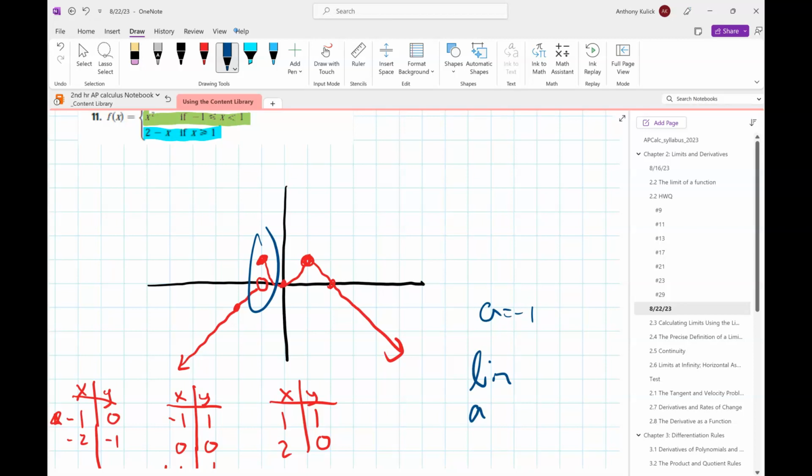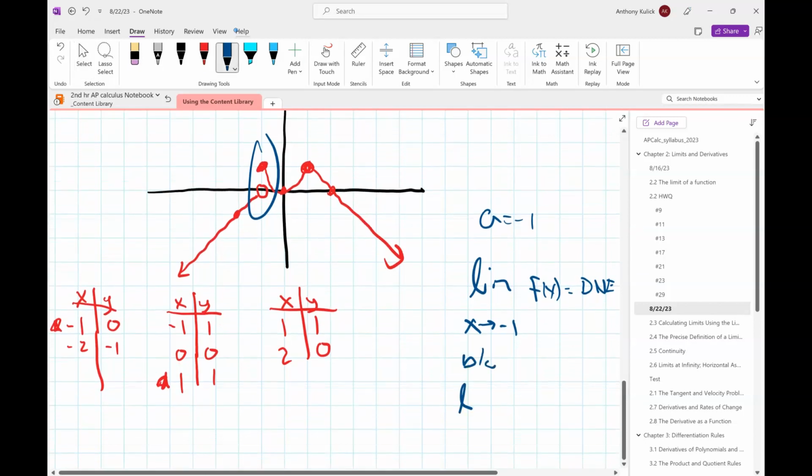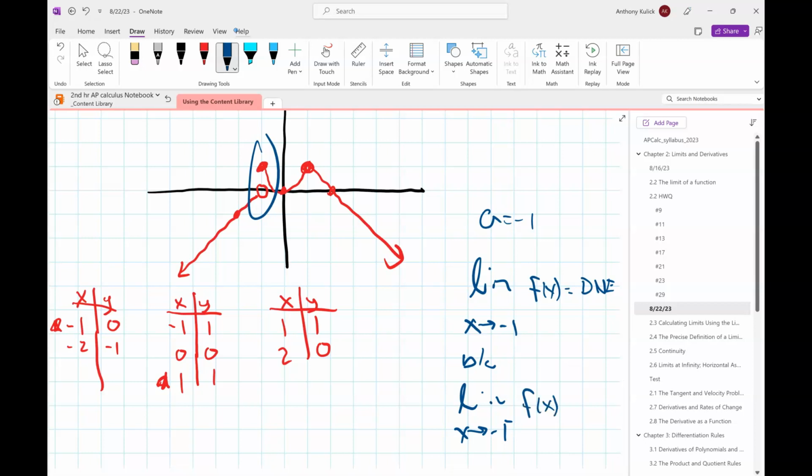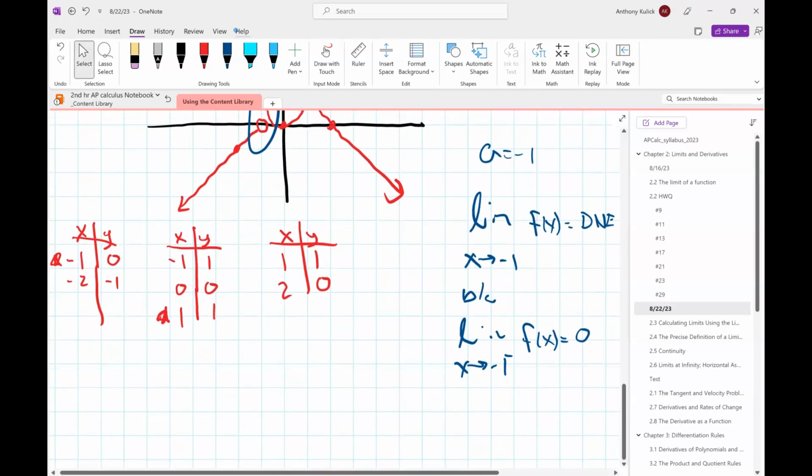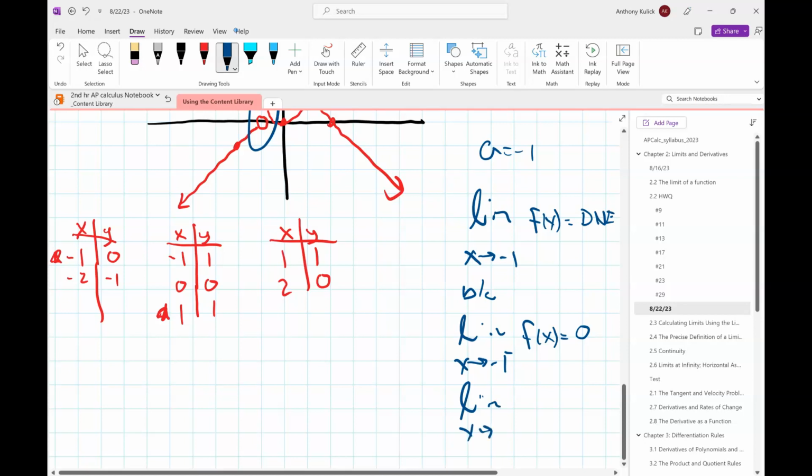So we'd say the limit as x approaches -1 of f of x does not exist. And you could say because the limit as x approaches -1 from the left of f of x is equal to 0, and the limit as x approaches -1 from the right of f of x is equal to 1. Does that feel okay there?